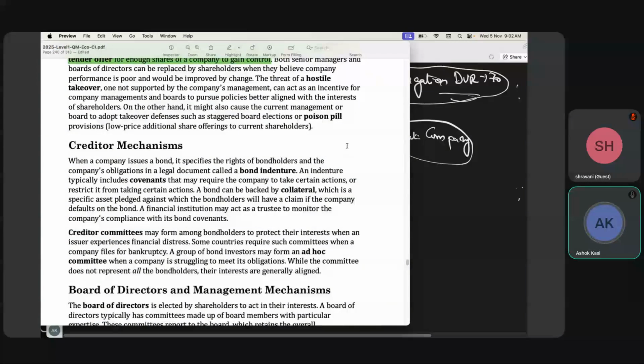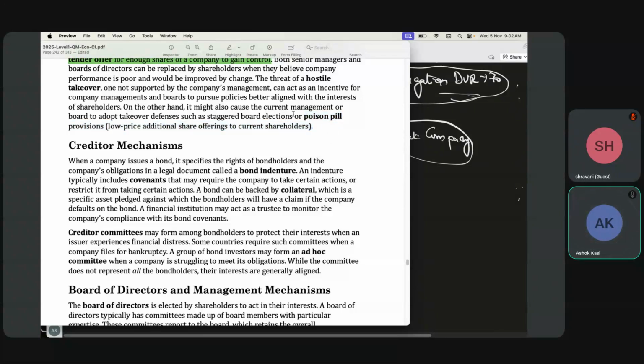Then poison pill. Poison pill means these are some other ways to escape when there is a takeover. Basically, low price additional shares will be issued to the current shareholders. This way, what will happen? Share price will come down highly. If share price comes down highly, the value of the company will come down.